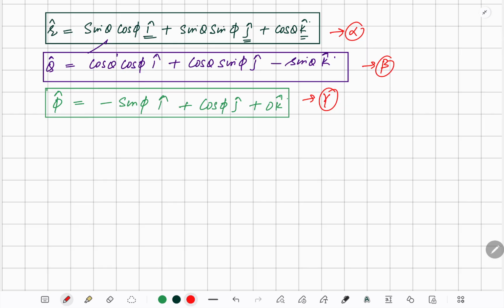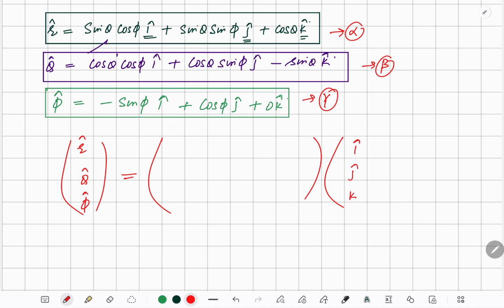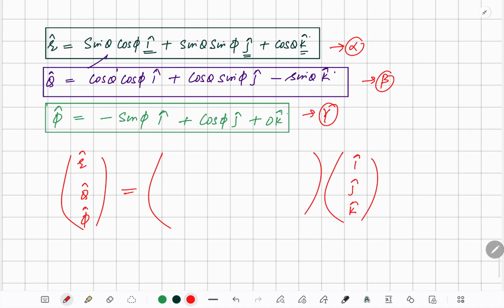Now I can write a transformation matrix like this. So let me write r cap, theta cap, and phi cap here equals this whole matrix times i cap, j cap, k cap. So sin theta cos phi, sin theta sin phi, and cos theta.